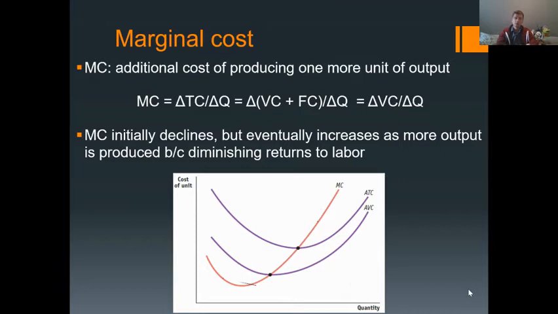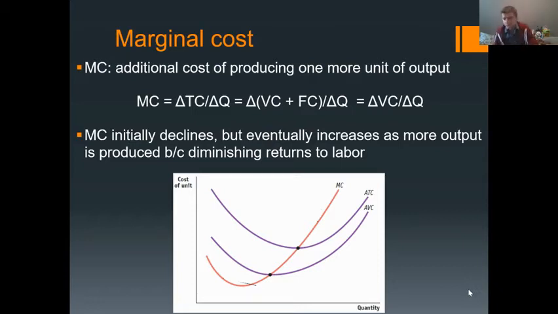So as you move a change in output, what is your change in total cost? That is your marginal cost. You can also look at it as, since your total cost is your variable cost plus your fixed cost, and your fixed cost doesn't change, that means that the change in your variable cost is the same as the change in your total cost. So if you're given variable cost and not given your total cost, you can actually come up with your marginal cost just based off of that.